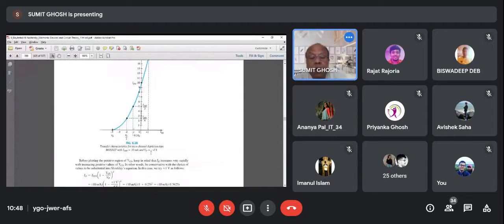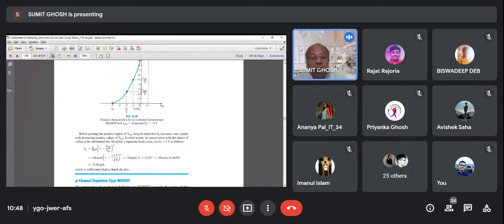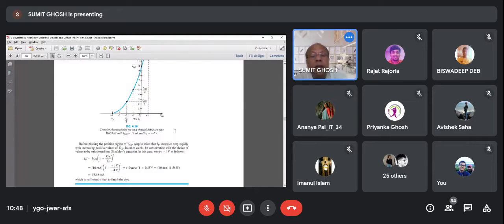The sign is important. Shockley's equation states that drain current is IDSS times (1 minus VGS by VP) squared. So, for example, if you give a negative VGS, you get fewer electrons.